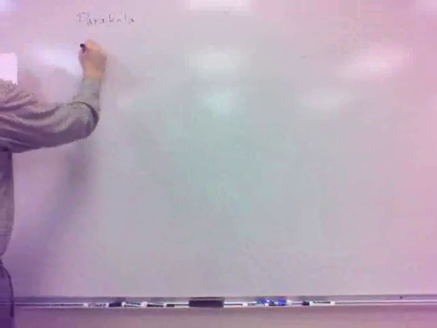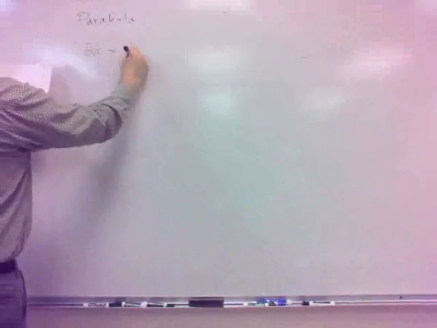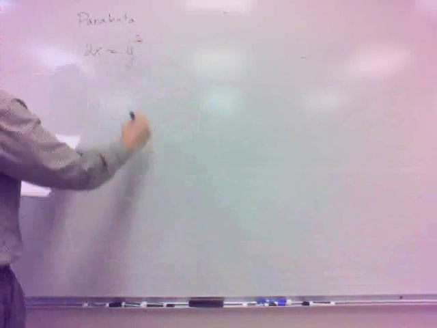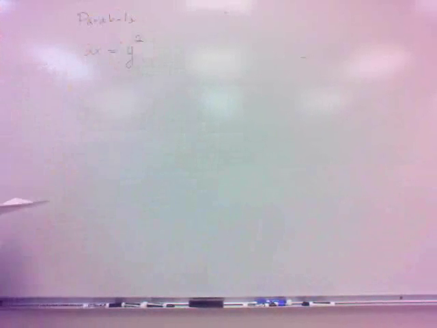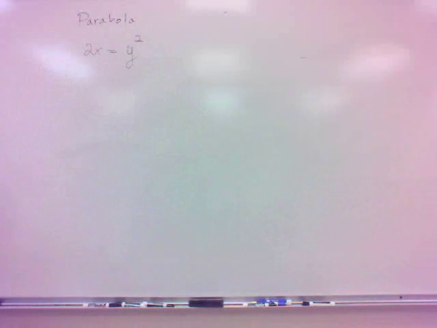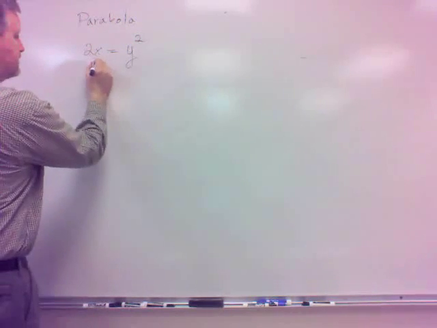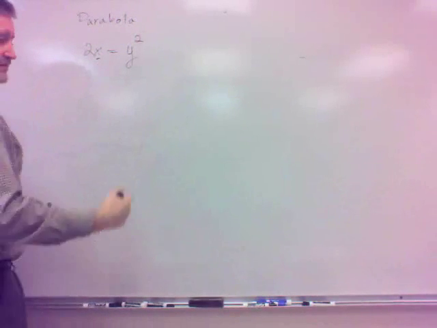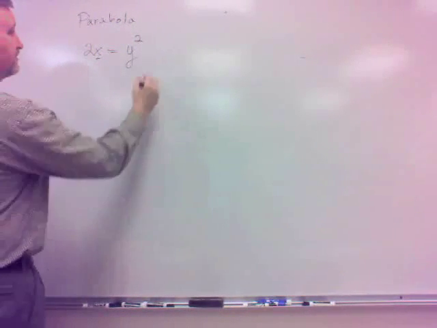All right, now let's talk about some specific ones. Let's say we've got 2x equals y squared. First point to make on this one is I'm going to adjust this formula to make it more like we have been seeing, where I have just a variable x or y, in this case x, by itself.